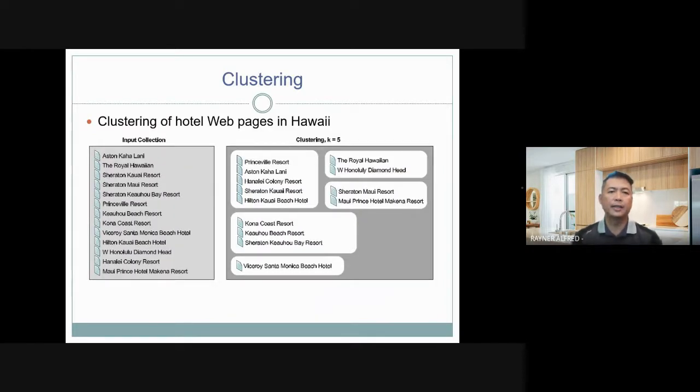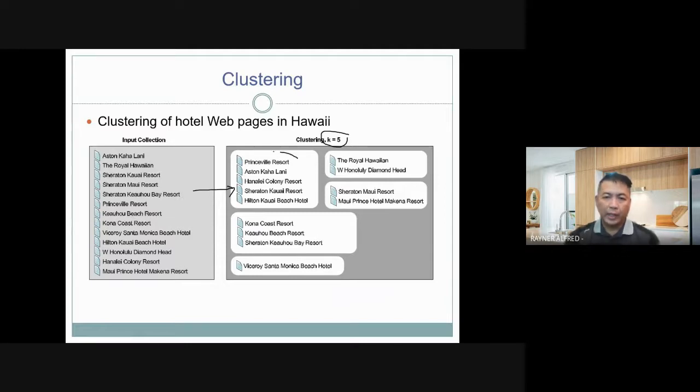For example, if we have a set of collection, what we want to do is divide them into 5 clusters depending on the content of the documents. So the K here refers to 5 clusters.